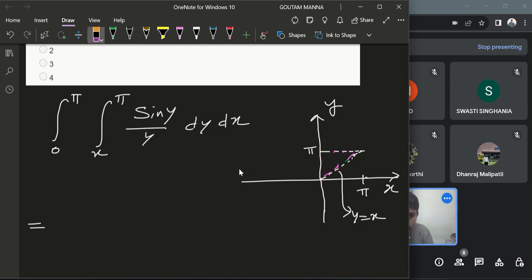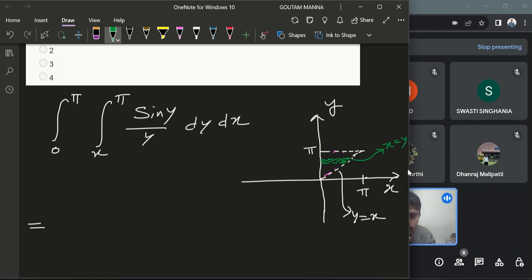But instead of doing that, one can also move along x first. If one does the x integration first, then the x limit will be going from 0 to this line, and this line will be x equals to y. So the x limit will be going from 0 to y, and then the y limit will be going from 0 to pi.